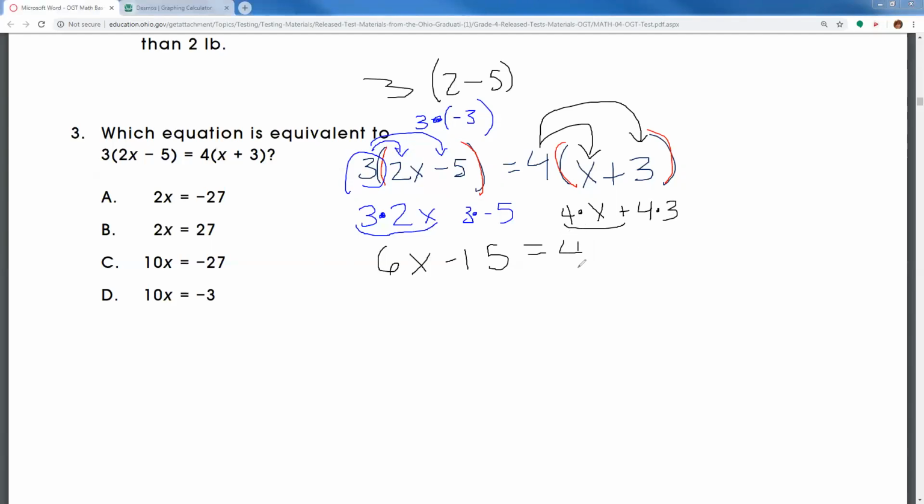Good, that's exactly correct. And then we do the 4 times the 3. And this time it's positive times positive, so definitely still positive. So it'd be 12. Good. Okay. So we still don't look quite like any of this stuff over here.